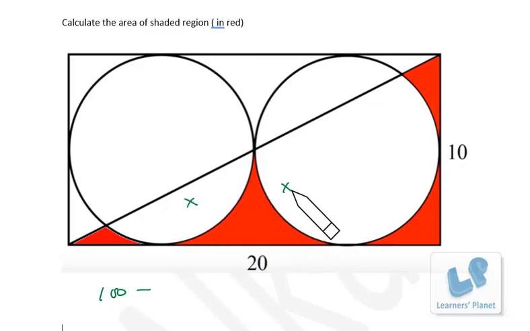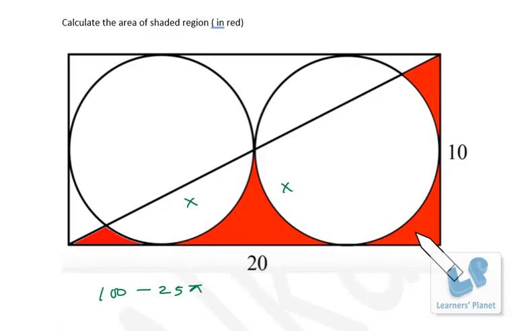This region plus this region, both of them together equal one full circle. So we can find the area of one full circle. Since this is 10, the diameter of the circle will be 10. That means the radius will be 5. So the area will be pi r square, that is pi into 5 square, that is 25 pi, right?